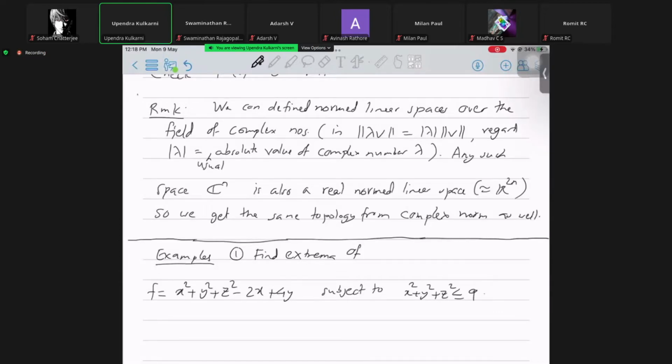What do I have to do? What is the region over which I am maximizing, geometrically? The ball. Yeah, right. So it's a closed ball, both the interior of the ball as well as the boundary. This is a compact set. I have a continuous function, so I'm assured that there is going to be a global maximum as well as a global minimum.